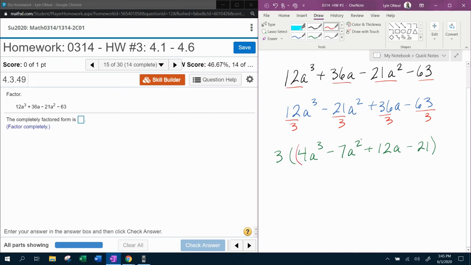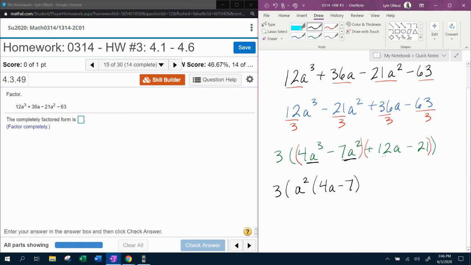And so now we're going to do factor by grouping. So that this 3 that I factored out is now going to have to stay out front all the way down, okay? Looking at 4a to the third minus 7a squared, what do they have in common that I can factor out? They have an a squared. If I take out an a squared, that's going to leave me 4a minus 7.